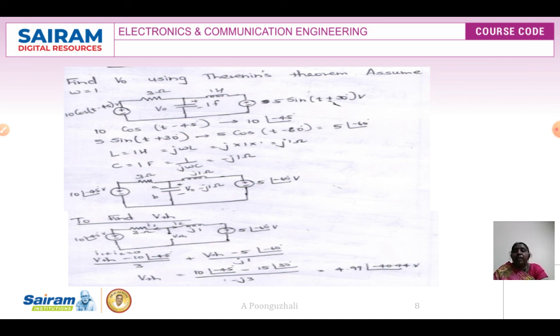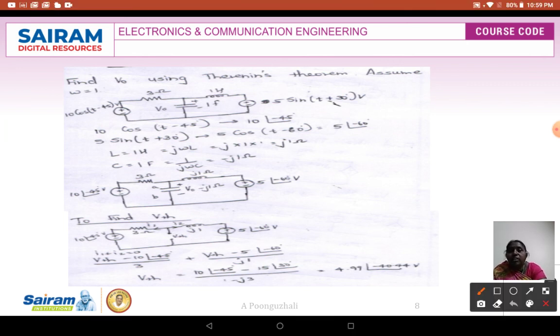So now we have to find out VTH. The load impedance is going to be your AB terminal, that is minus j. Remove it and find out the voltage across that. Suppose I assume this is your current I1. Current is entering like this, this is minus. If I consider one side of the loop, it is going to be your VTH.